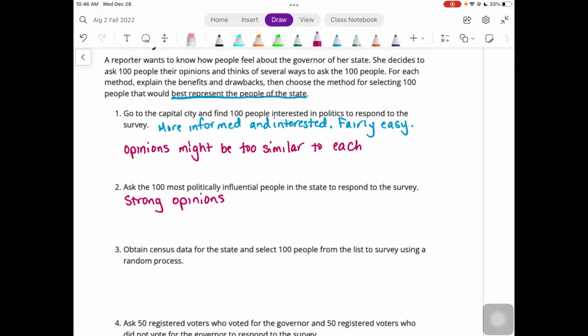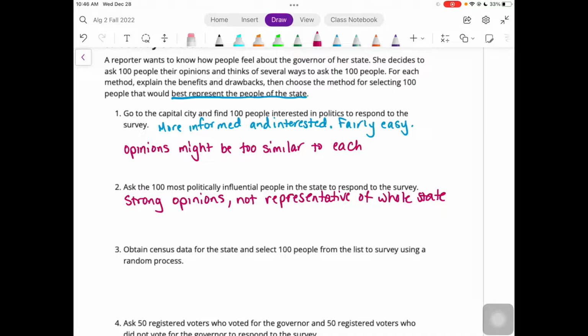And so they're not necessarily representative of the whole state. Again, that one might be a fairly easy one to do if they actually respond.